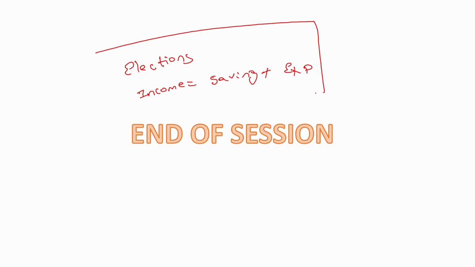In the next session we are going to discuss the concept of elections, and also the concept of income equals to savings plus expenditure. So in the next video we are going to discuss problems on these two concepts, guys.